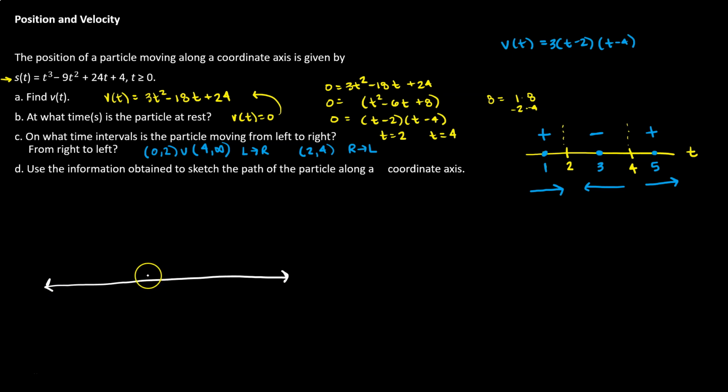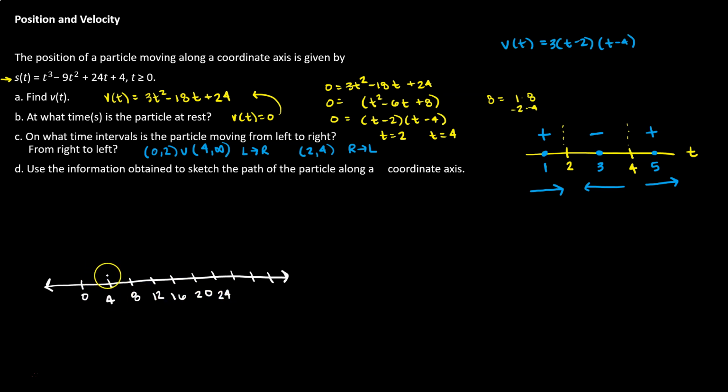So at t equals 0, if we plug 0 into our function, we would see that the function equals 4. So let's put some numbers on our number line. And I'm going to have these count up by 4, just so we don't have too large of a graph going on.